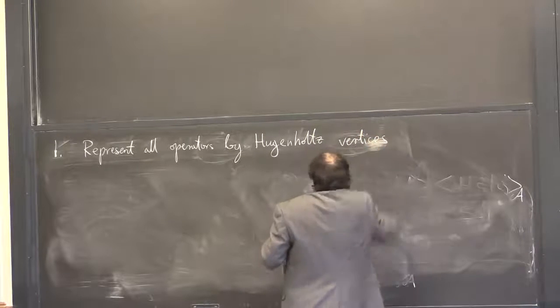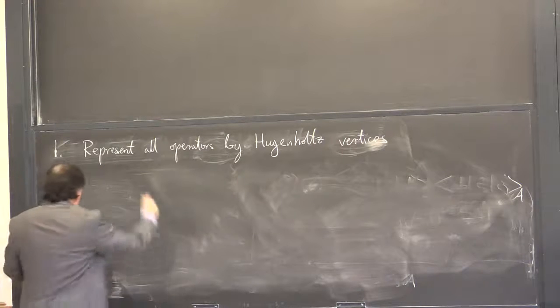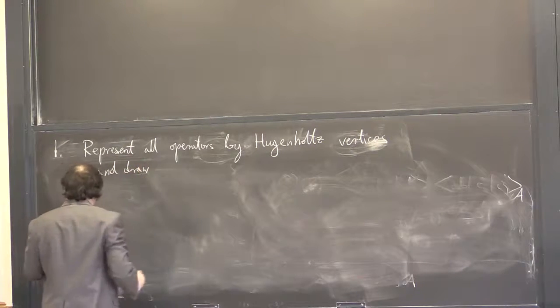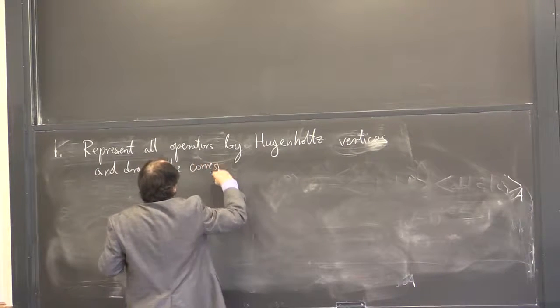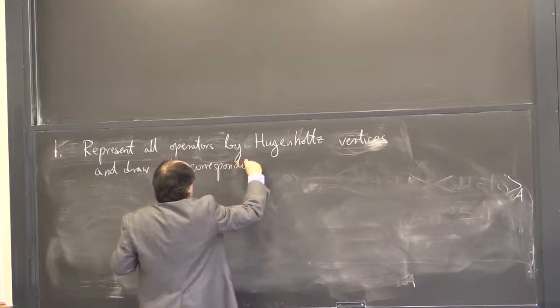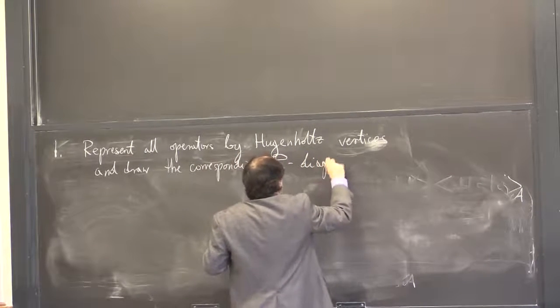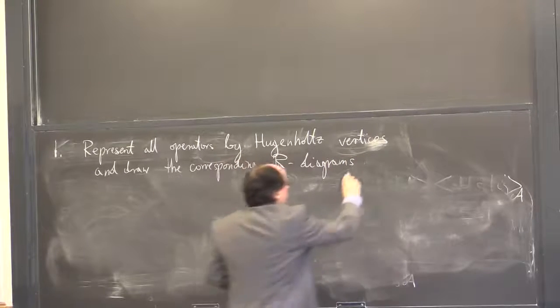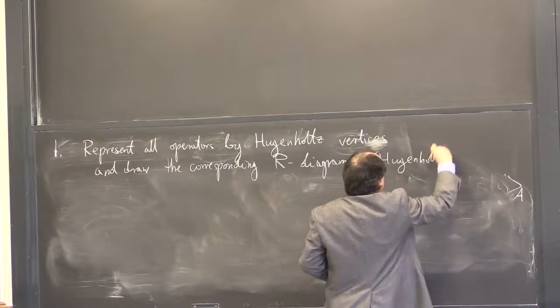So you represent all component operators in our expression by Hugenholtz vertices, and we draw the corresponding resulting, so we call them here R, diagrams. Okay? Those are also Hugenholtz. So you start with Hugenholtz, you end up with Hugenholtz.